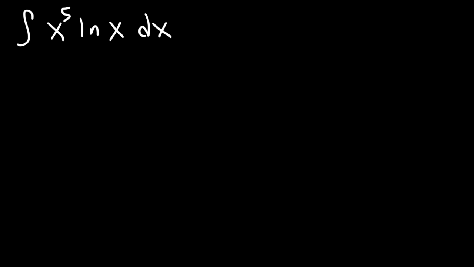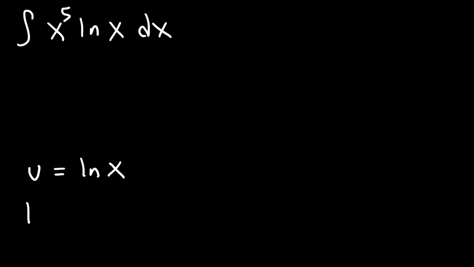Now for this problem, I wouldn't recommend using the integration by parts tabular method, because you can do this simply using the integration by parts formula once, and it's best to use the original method instead of the tabular method. Now we're going to make u equal to ln x as opposed to x to the fifth, because you need to do integration by parts to even find the integral of ln x.